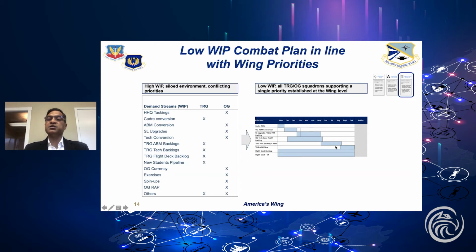But everything else we prioritize and sequence. The beauty of that is when we prioritize and sequence it, in combination with the role focus sorties, the plan that we came up with was much, much faster than what they had done before. For example, the conversion would have been done by May instead of late 2022. So that is the beauty of a low WIP, highly focused combat plan.